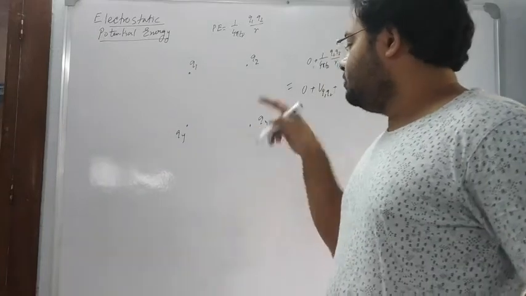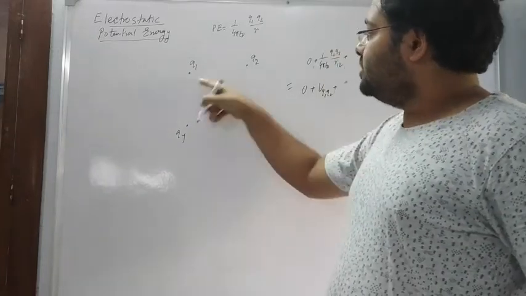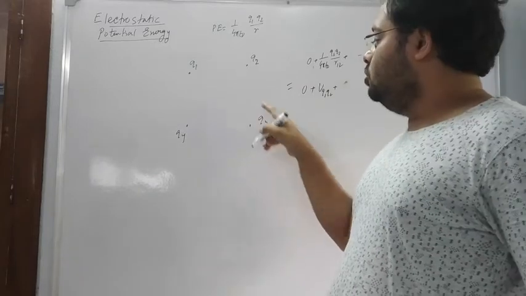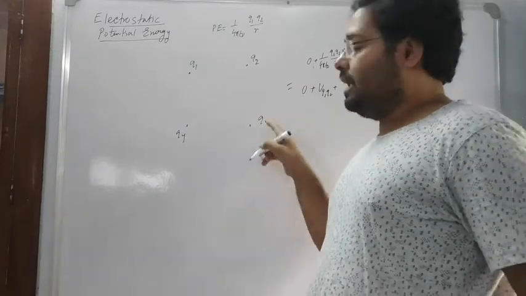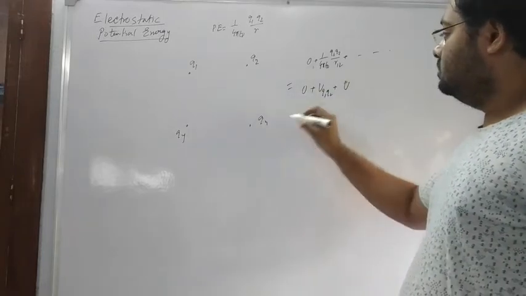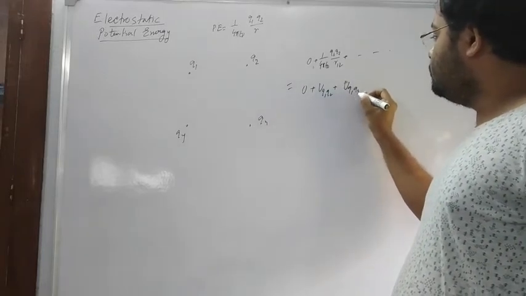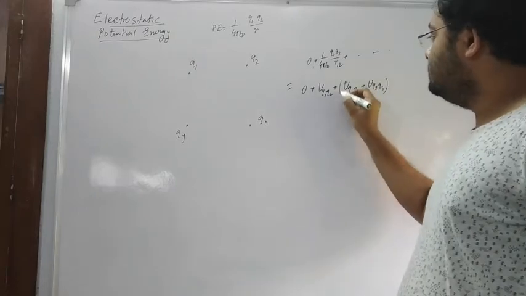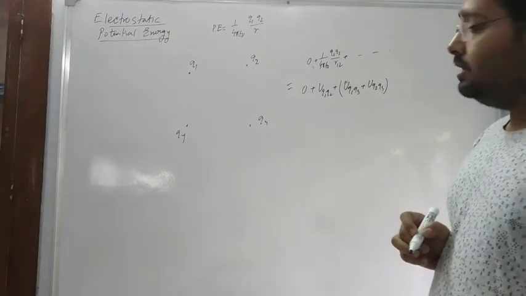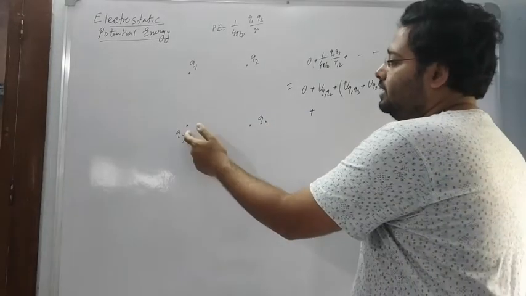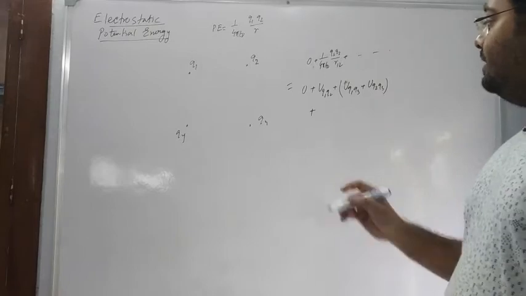When you bring Q3, two charges apply force on Q3, and therefore two different works are being done, and therefore potential energy will be U Q1 Q3 plus U Q2 Q3, right? And when you bring Q4, what will happen?